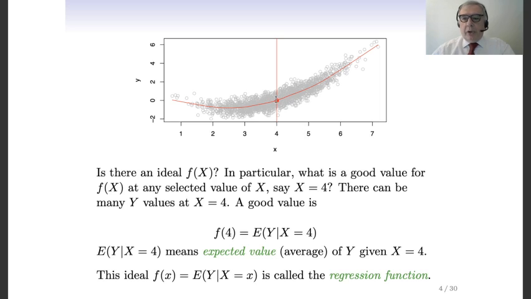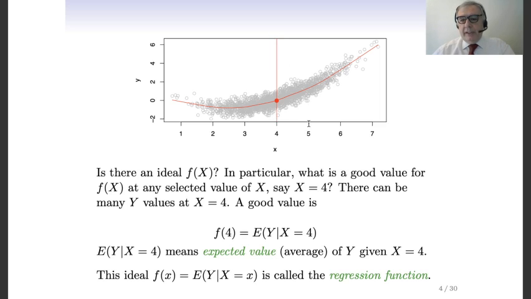has some nice properties, as we will see, so it is justified to choose this. But at this point I would like to stress that now I can move the value of x. I've taken x equal to 4, but I could take x equal to 4.5 or x equal to 5, and I can replicate the same rationale.